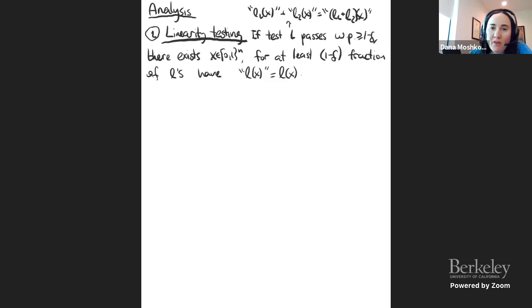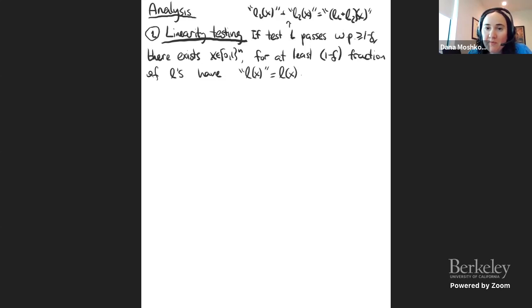So before, I asked the assignment to give me supposedly the evaluations of all quadratic or linear functions on some x, but they didn't know that they did it. And in this part we're saying that if we check this test one and it passes with high probability, it means that there exists an x such that they had to answer accordingly.